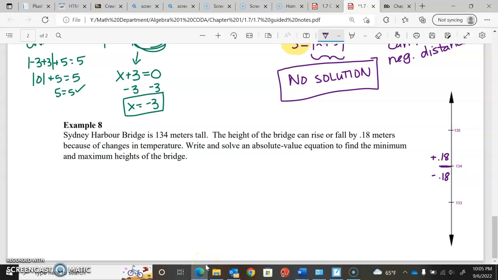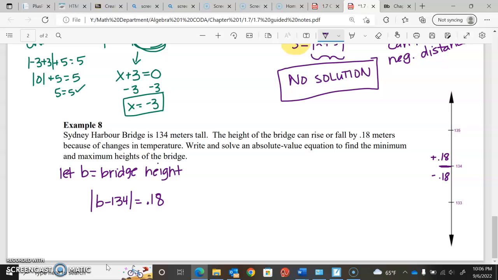But let's see what that looks like as an absolute value equation. So if we let B be the bridge height, considering the plus or the minus, then if we subtract the 134, that is going to be equal to, and take the absolute value, so whatever that positive difference is, it's going to be 0.18, okay?